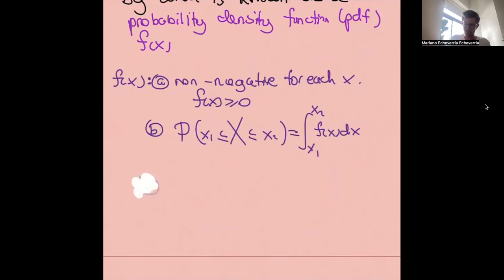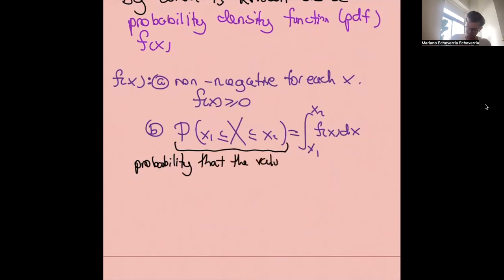So again, maybe I'll write in words what this means. This is the probability that the values of x will be between x1 and x2.